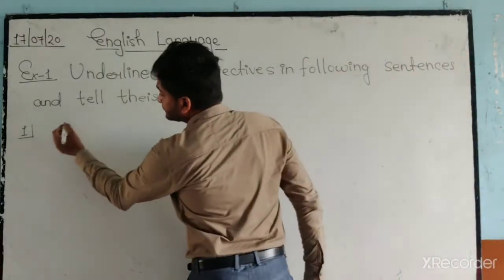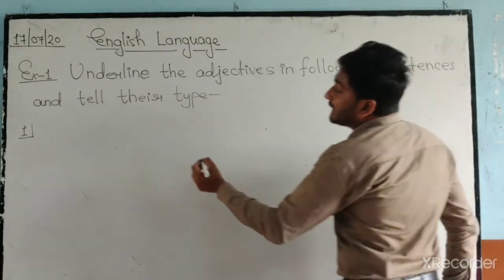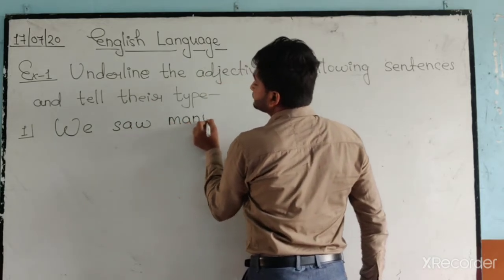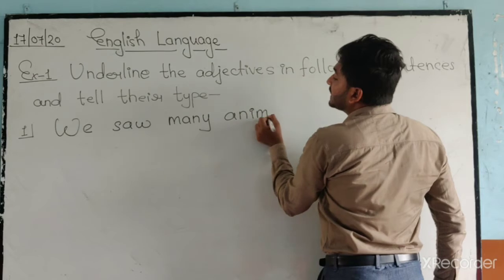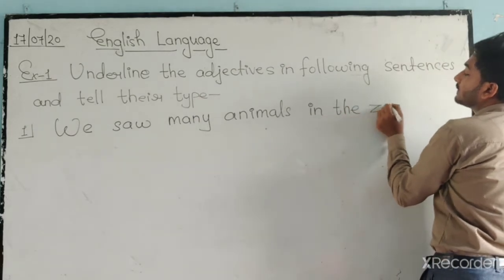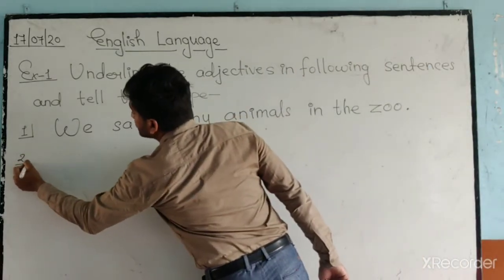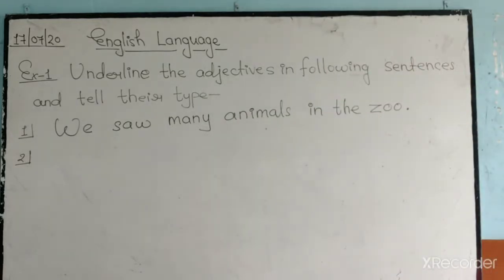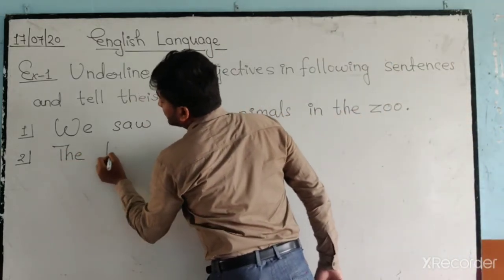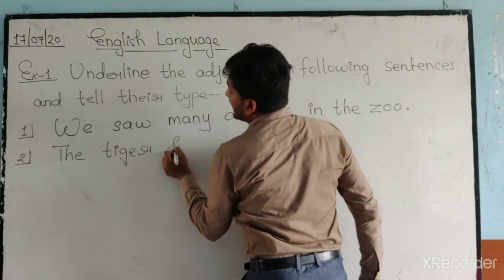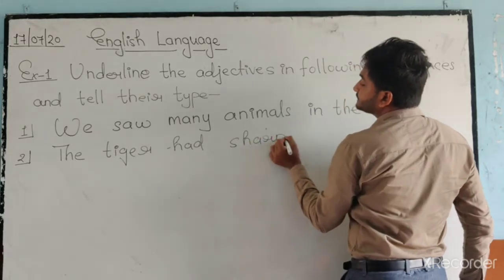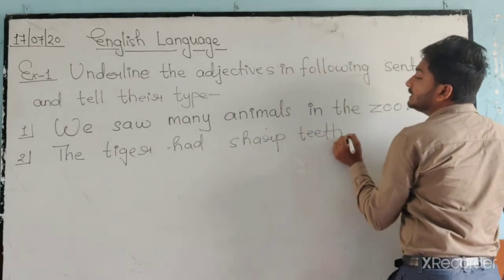Okay, so number 1 is, we saw many animals in the zoo. Next is, the tiger had sharp teeth.